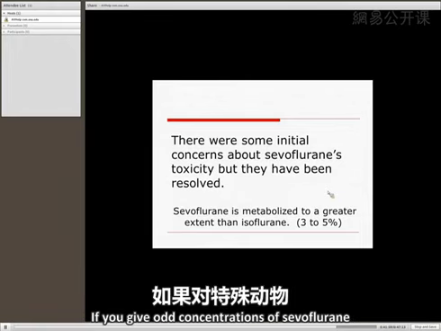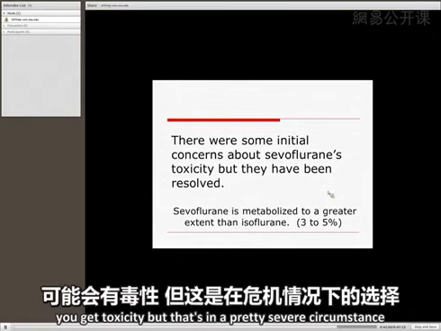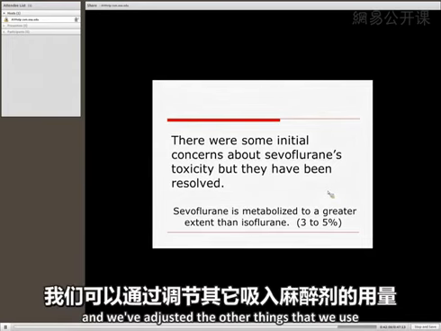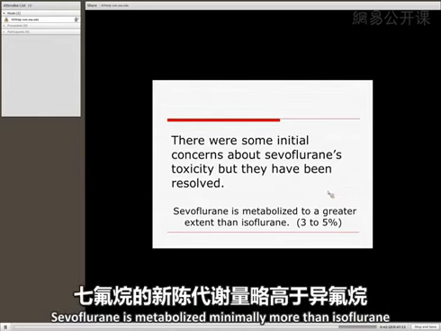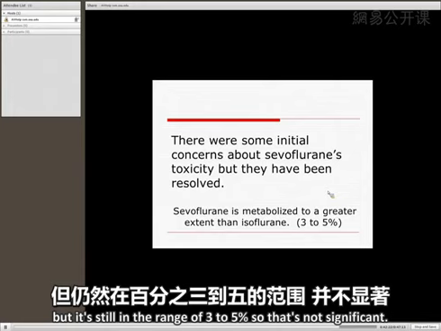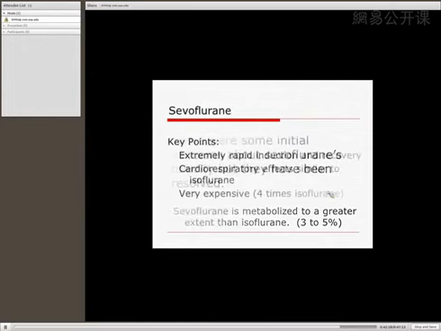If you give odd concentrations of sevoflurane to odd animals, occasionally you'll get a toxicity, but that's in a pretty severe circumstance, and we've adjusted the other things that we use in combination with inhalants in order to compensate for that. Sevoflurane is metabolized minimally. It's more than isoflurane, but it's still in the range of 3 to 5%, so that's not significant. Metabolites aren't significantly toxic.